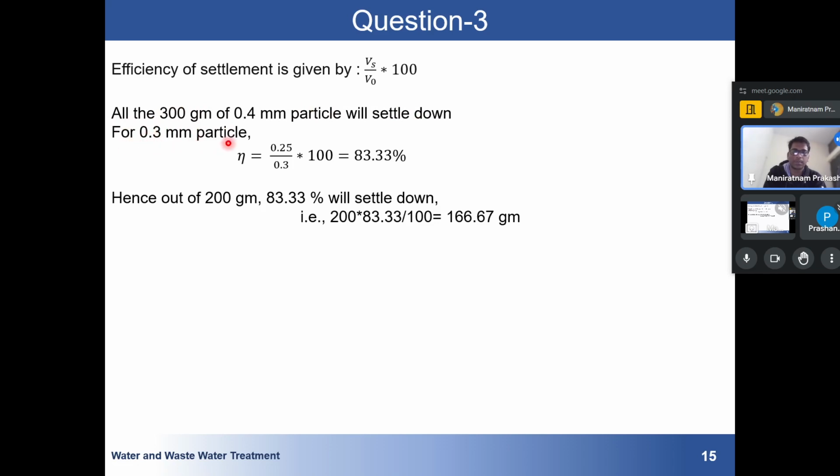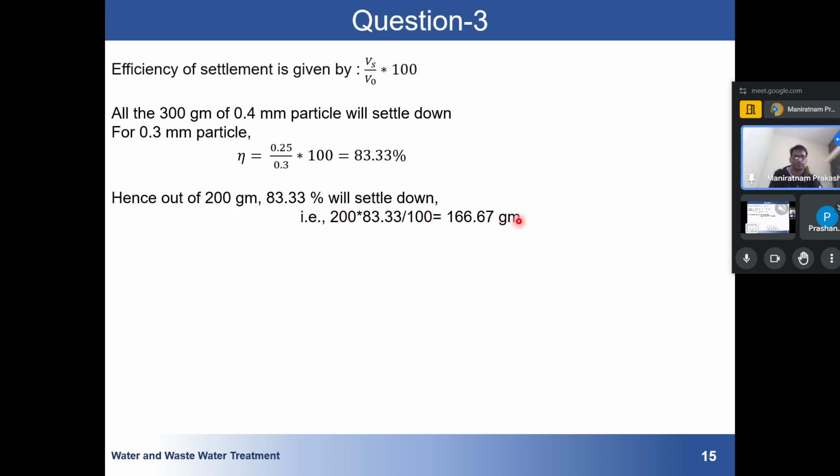For the 0.3 mm particle, the efficiency will be 0.25 divided by 0.3 into 100, that is 83.33%. Means out of 200 gram only 83% will settle down, that is 166.67 gram.